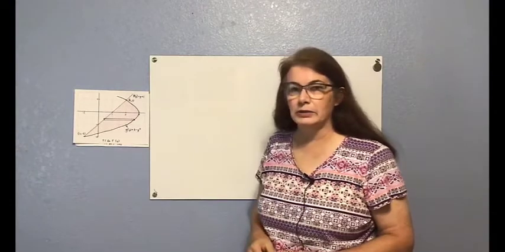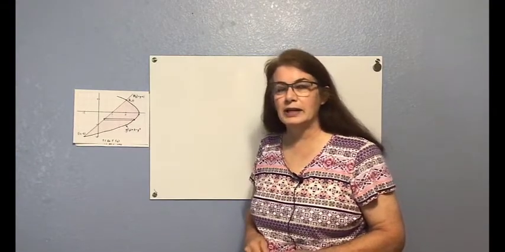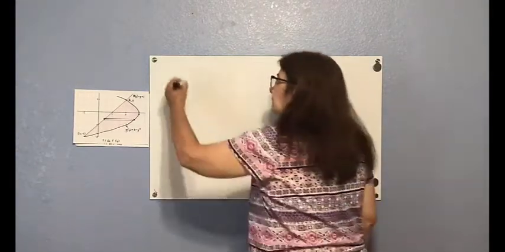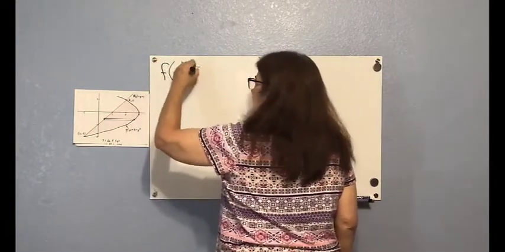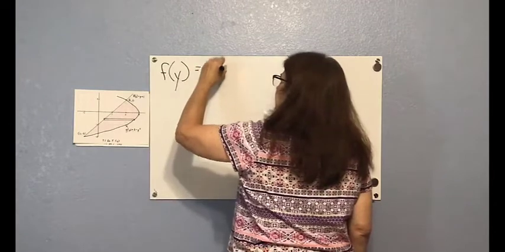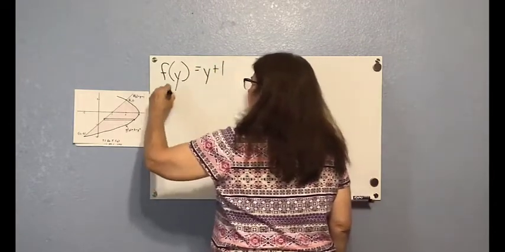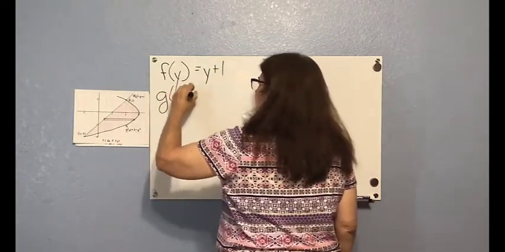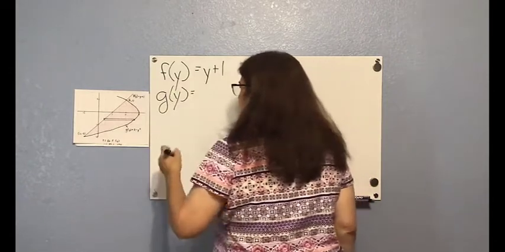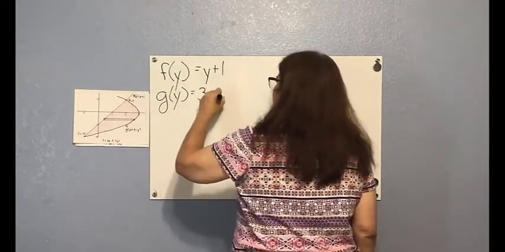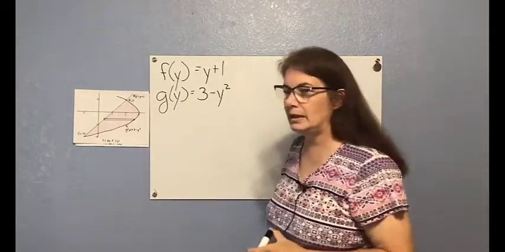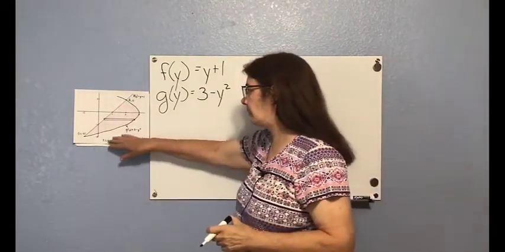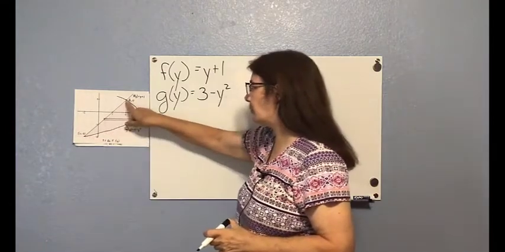So writing my two equations in terms of y, I get f of y is equal to y plus 1, and g of y is equal to 3 minus y squared. Just as we have done before, we need to find these two intersection points.